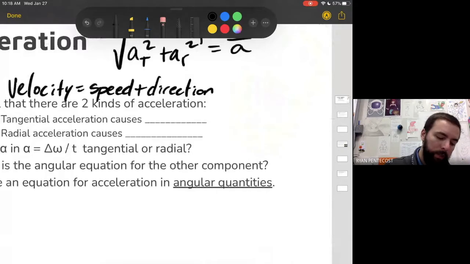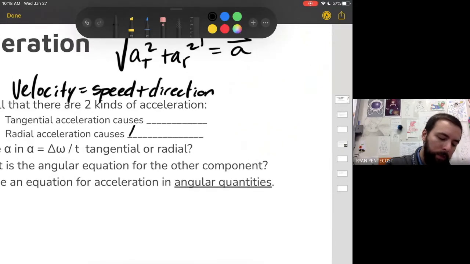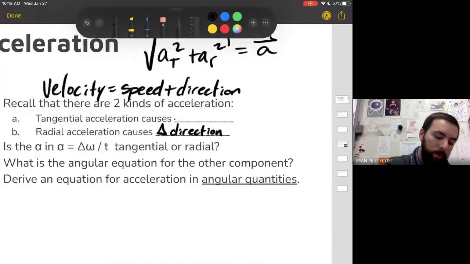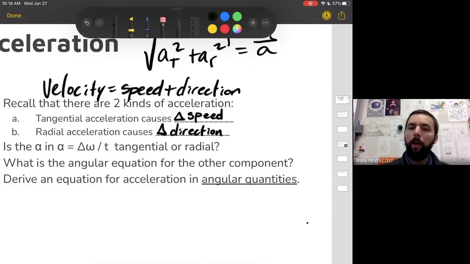So radial acceleration causes change in direction. And then that means tangential acceleration is going to cause change in speed, which is true, right? If you want to change the speed of a rotating object or of circular motion in general, you need tangential acceleration. If you want to make a tighter turn, then you need to increase your radial acceleration, right? So that's how radial and tangential acceleration have this relationship together.